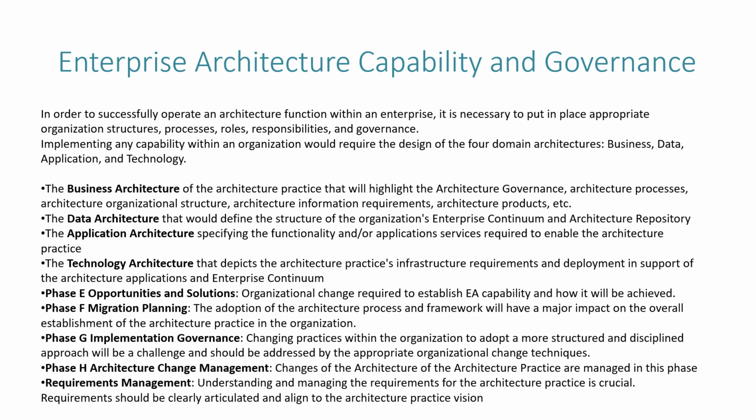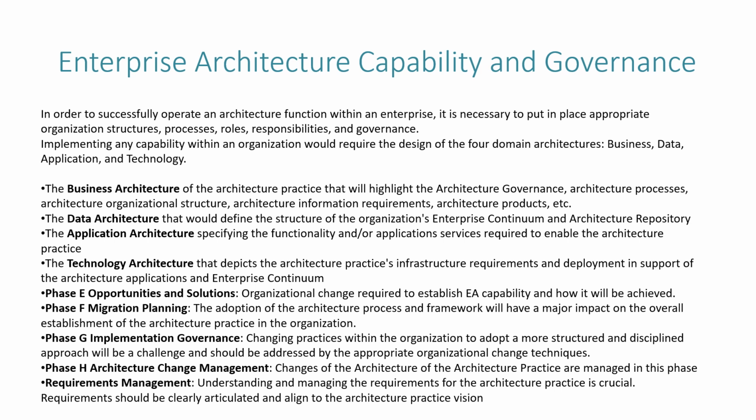So let's say there is no EA capability in the organization and we define those EA processes and governance structure, then it will heavily impact the organization because the way of working of the organization was without EA capability till now.